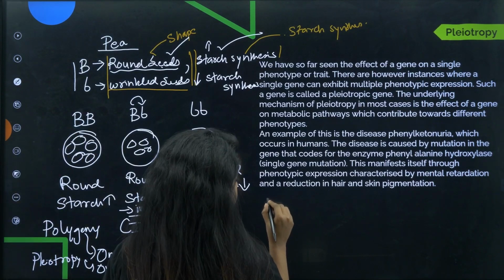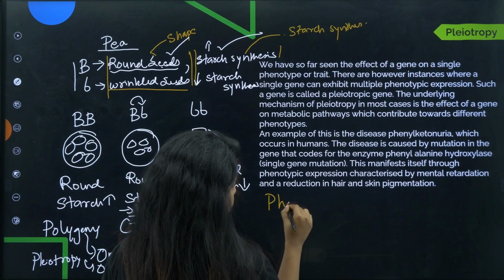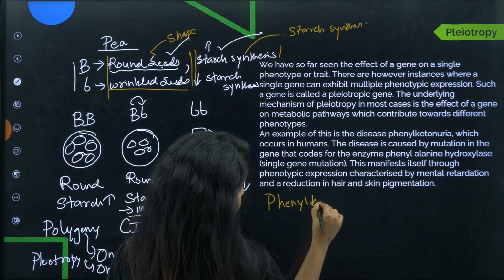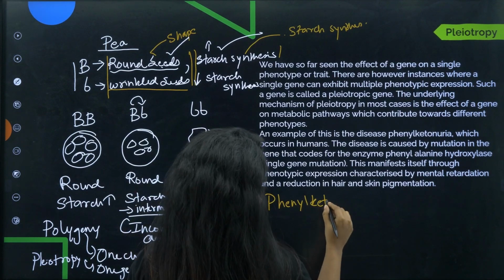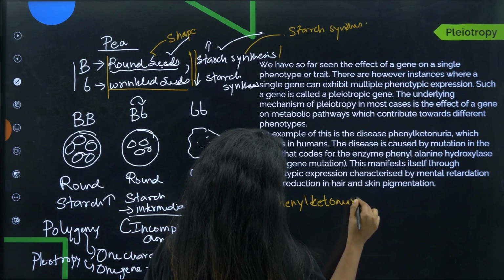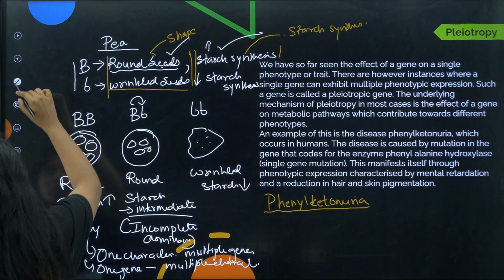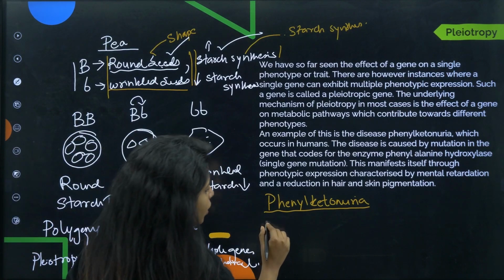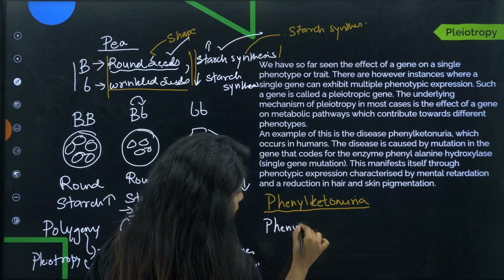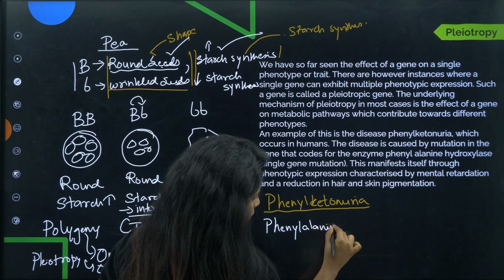Now, going ahead, the one that is given over here. There is a disease which is known as phenylketonuria. What do you call it? Phenylketonuria. Now, what happens in this disease, or what is the causative agent of this disease, is that in our body we have the amino acid phenylalanine.